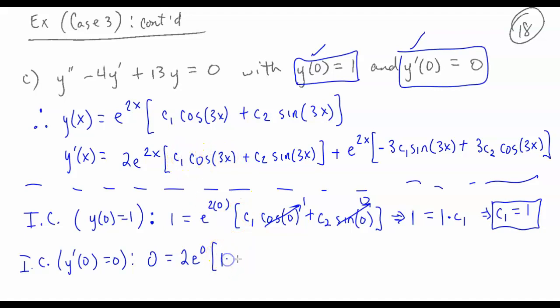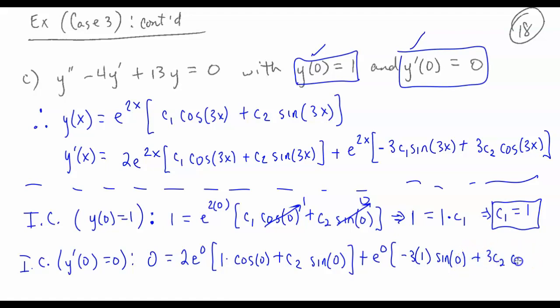So I'm just going to do 1 times cosine of 3 times 0, plus c2 sine of 3 times 0, and then plus e raised to the 2 times 0, and then we have minus 3 times 1, because c1 is 1, sine of 3 times 0, plus 3c2 cosine of 3 times 0. And close that off.